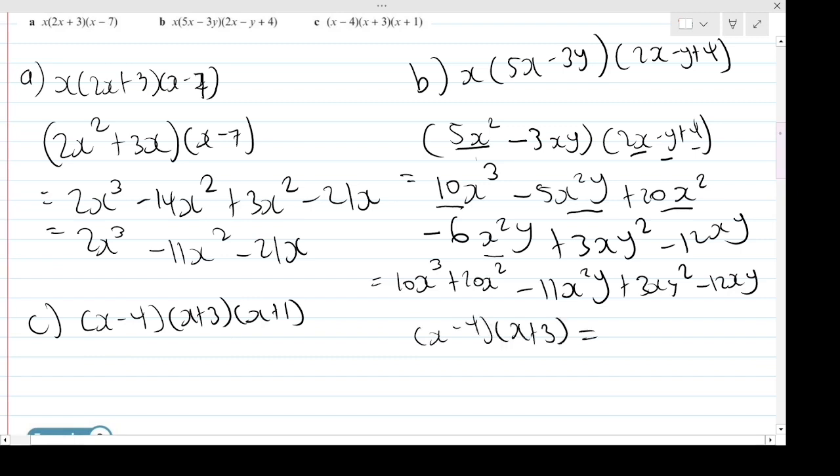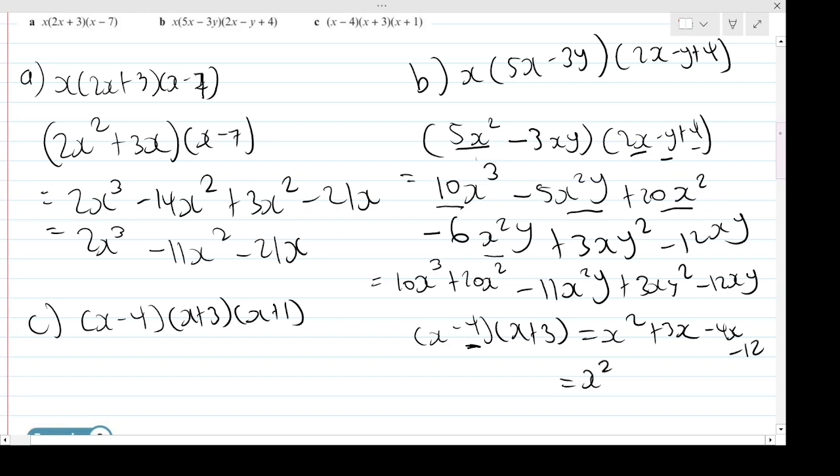Well, that's going to be firstly x times x, which would be x squared. Then x times 3 would be 3x. Then minus 4, the other term. Minus 4 times x is minus 4x. And then minus 4 times 3 is minus 12. And actually, we can simplify this because we have two x terms, right? 3x minus 4x is minus x.